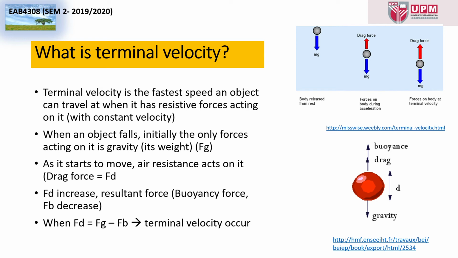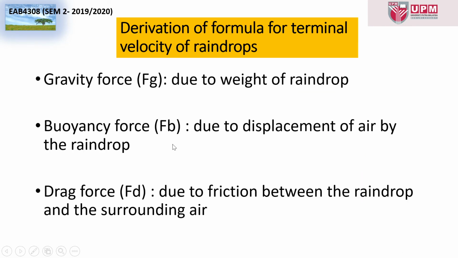Another way to remember terminal velocity is when you know that the velocity is constant, so the acceleration is 0. This is how we derive a formula for terminal velocity of raindrops.